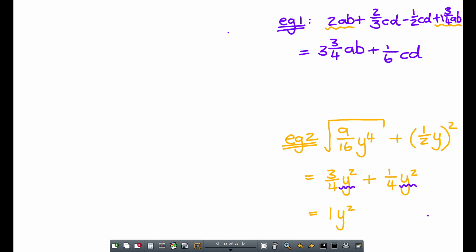I don't add the denominators. We only add the numerators. Denominator stays the same, eh? You guys fine? 4/4 y to the power of 2 is also correct, yeah.